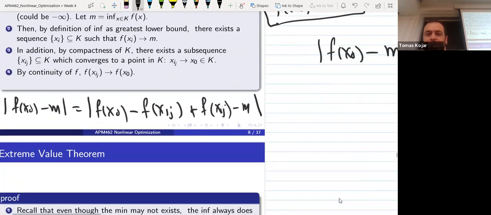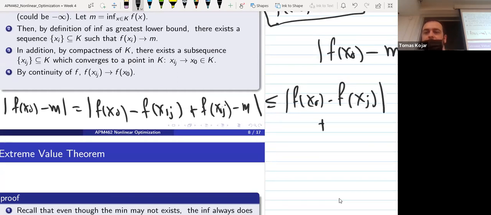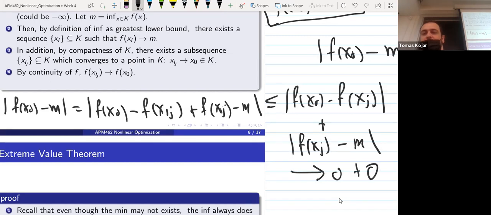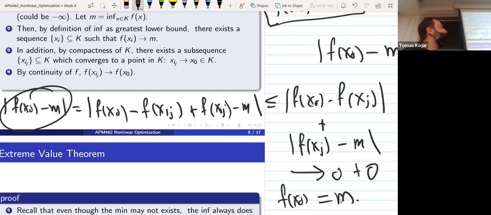So you have f of x naught minus this sequence, plus this sequence minus m, and you take limits. You don't have to do epsilon delta, just take limits. So you get 0 plus 0, and so f of x naught is m. Is that okay?